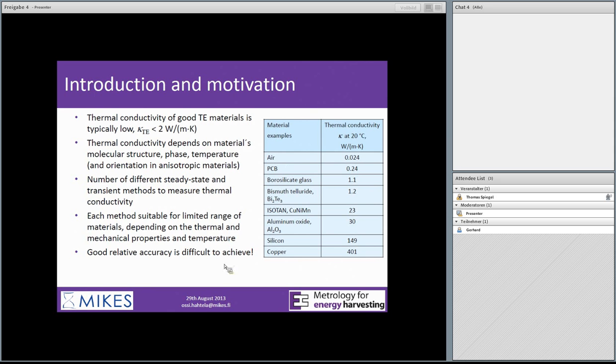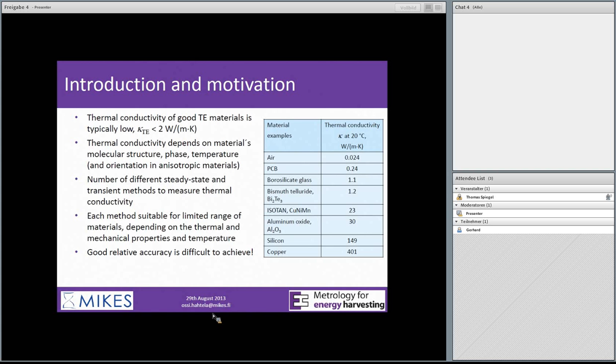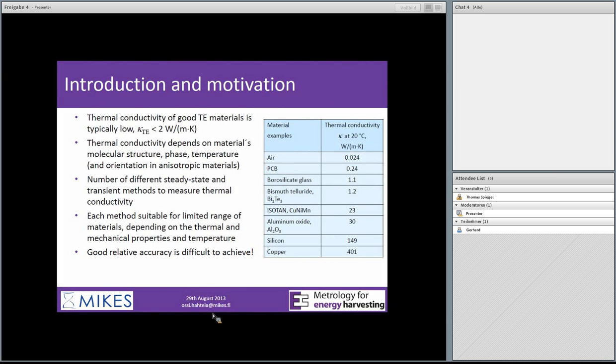Thermal conductivity depends on the material's structure, its phase and temperature, and also if the material is anisotropic, like very many of the new sophisticated materials are, the thermal conductivity depends also on orientation, in which direction we are measuring. There are quite many different methods to measure thermal conductivity.